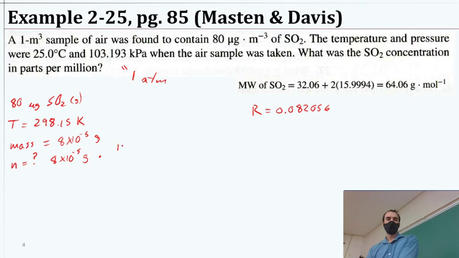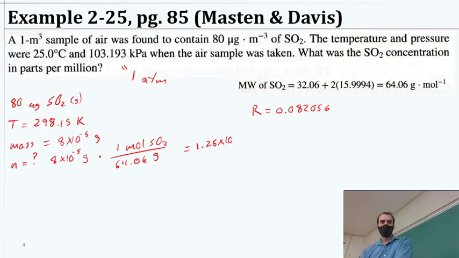So I'm just going to say 1 mole SO2 per 64.06 grams of the SO2. If we do that, we get a number of moles equal to 1.25, essentially, times 10 to the minus 6 moles. Does that make sense so far?